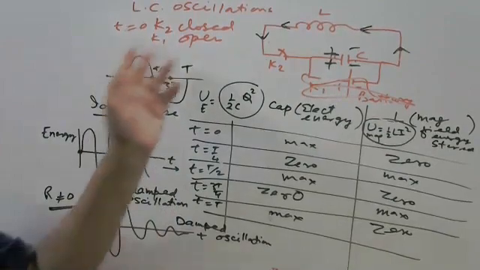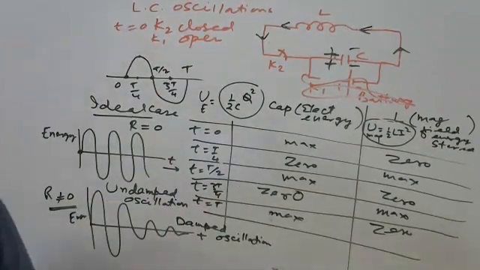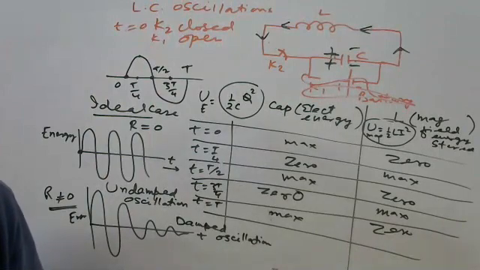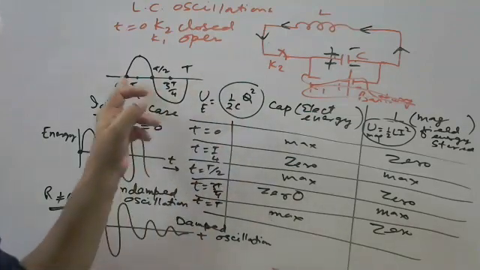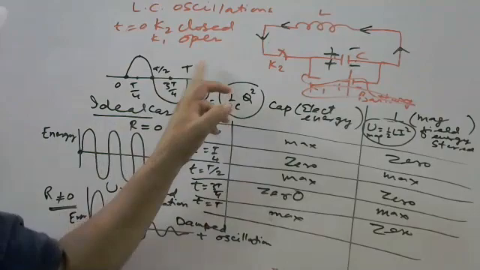So we were discussing the LC oscillations. In LC oscillations, energy is transferring from one field to the other field and back, from electrical to magnetic field to electrical field. And this is the cycle, 0 to capital T, one cycle.